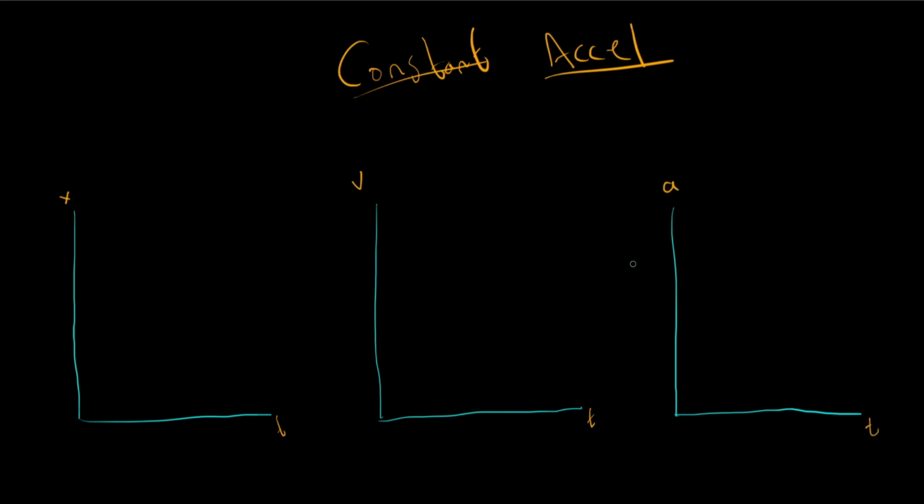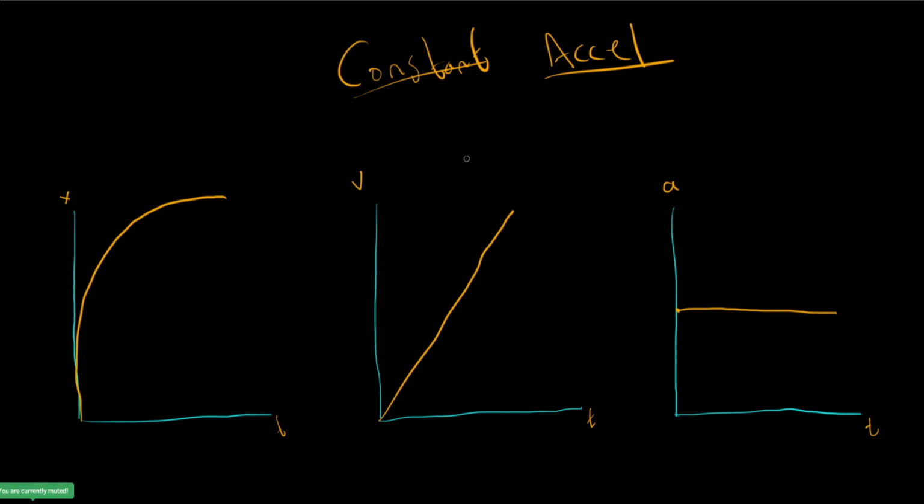If it's constant acceleration, the a-t graph is obviously going to be a horizontal line. If it's a v-t graph, it'll be a linear line. And then an x-t graph would be a curved, parabolic line. So when you talk about constant acceleration, these are the three types of graphs you're going to be dealing with.